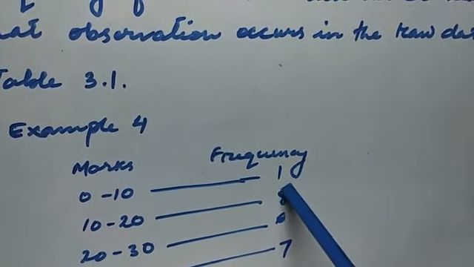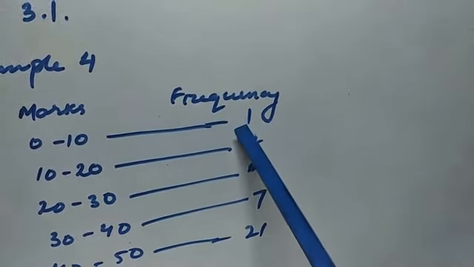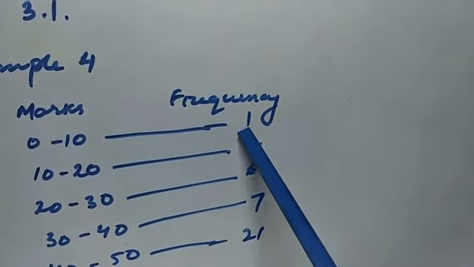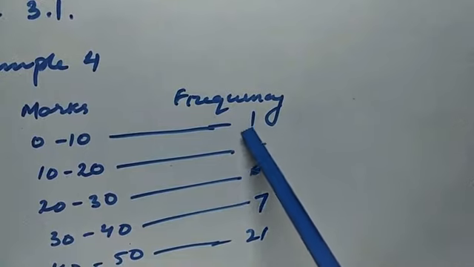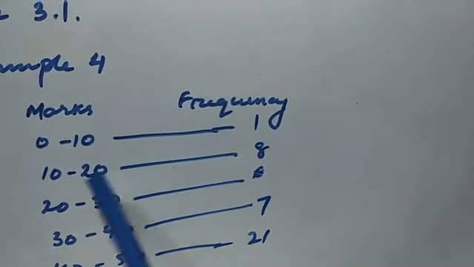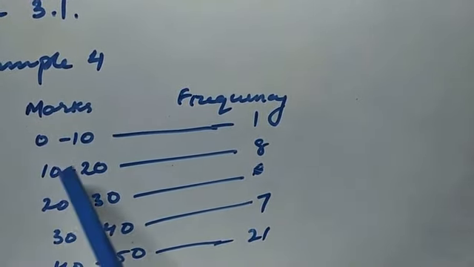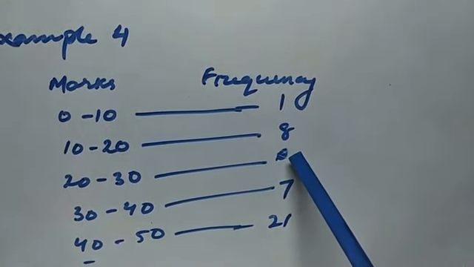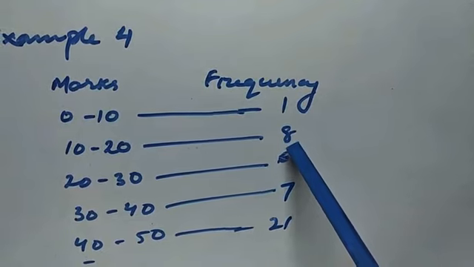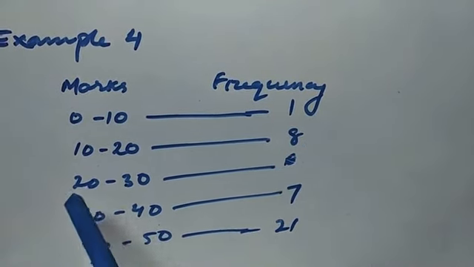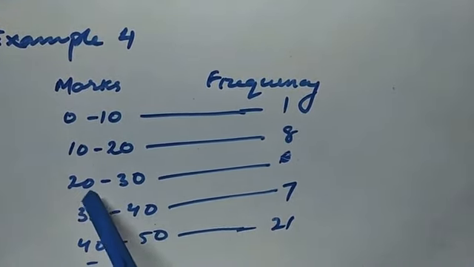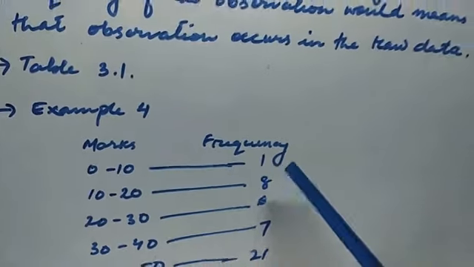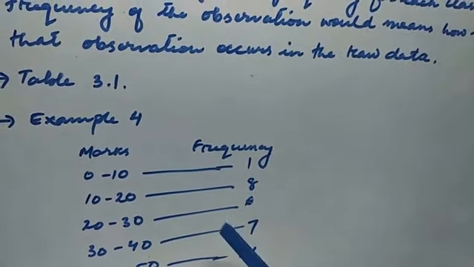So 8 times it occurs. When the frequency is 8, we are indicating that 8 variables are inside 10 to 20. And when we get a frequency of 6, we are saying that there are 6 variables included under 20 to 30. So that is how we got the number of frequencies.